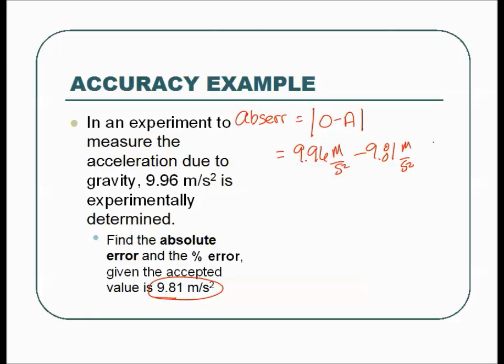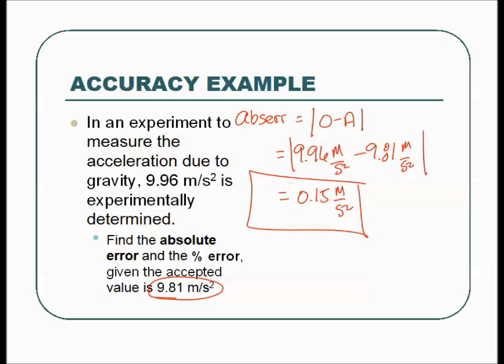Notice that I write the unit as well, because anytime you put a number, you've got to have a unit. So the absolute error is 0.15 meters per second squared. That is going to be the error that's involved. That really doesn't tell us much other than we were above that value; we're not interested in above or below, to tell you the truth.